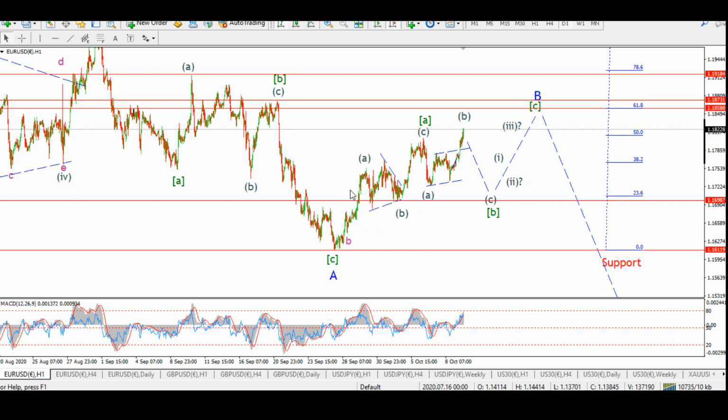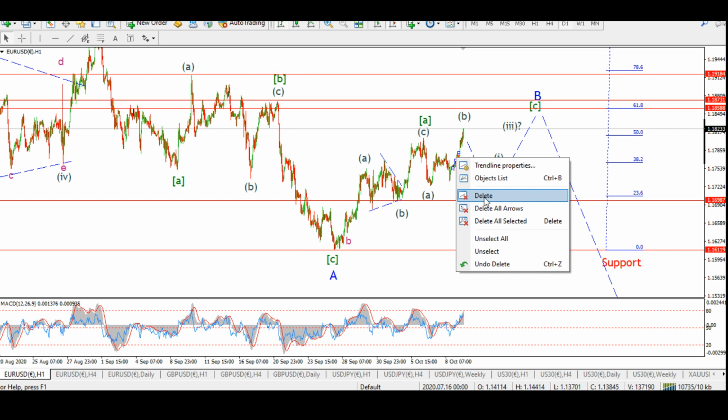I think we've got a triangle B wave within wave A, so that gives us an A B wave triangle, C wave up, and then maybe an expanded flat wave B. So we've got A down, 3 waves up in B, and then wave C to fall. I suppose at this point you would target about the previous B wave low, so maybe around the 117 area, and in wave C down.